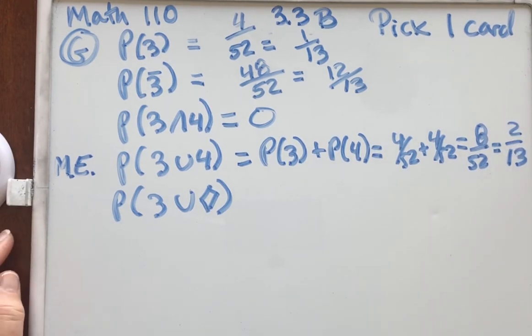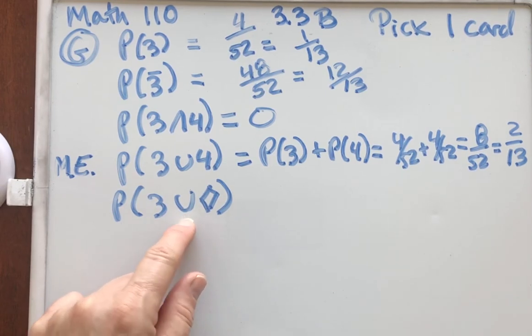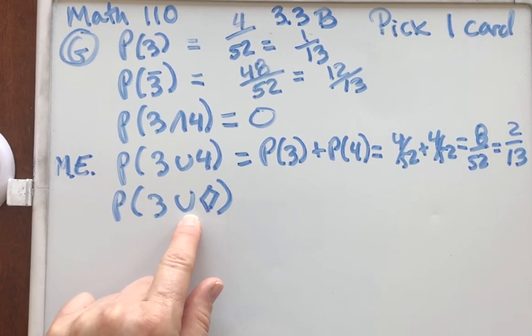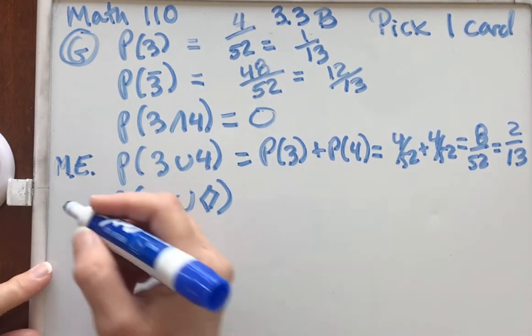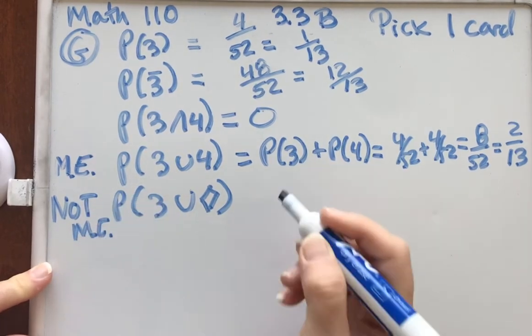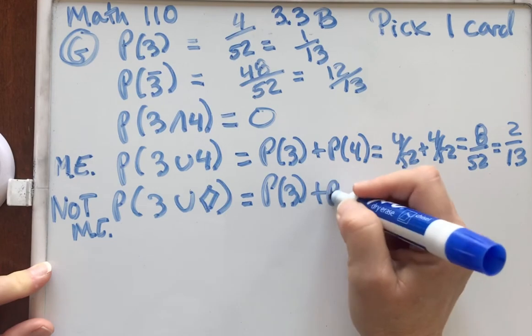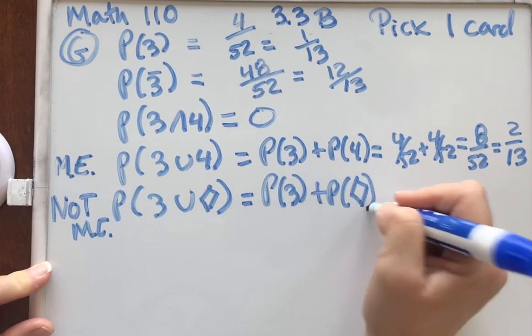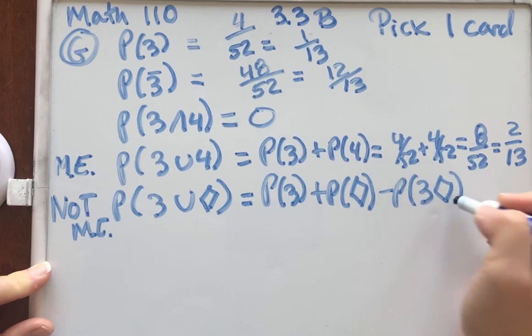Okay, good. Now looking at this next one, we also see this union, and we decide with this or, is it possible to have them happen at the same time? Yes, it is. We can get a 3 of diamonds, so this is not mutually exclusive, and we use the appropriate formula. Probability of 3 plus the probability of a diamond minus the probability of the 3 of diamonds.